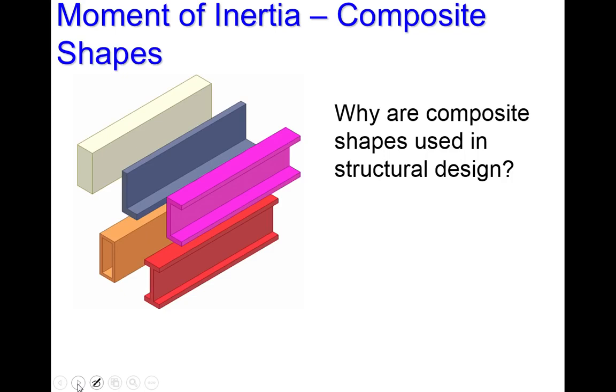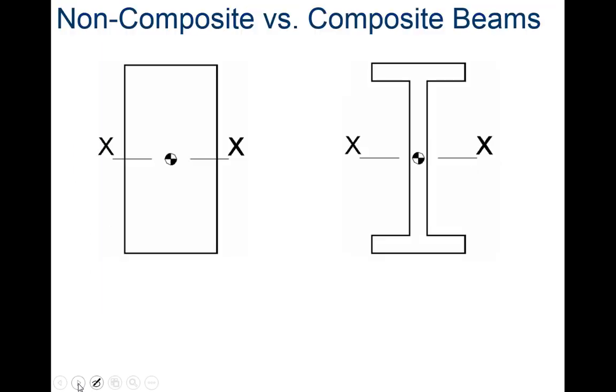Okay, with building materials, a lot of times we'll see what are called composite shapes. So think about using a solid piece of steel versus maybe this L shape, this box shape, this C shape, or what's really commonly used, an I-beam. Why might we use that versus a solid piece of steel? A solid piece of steel has to be stronger, and it is, but it really comes down to 2 things.